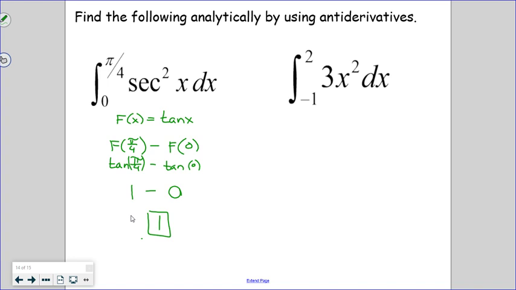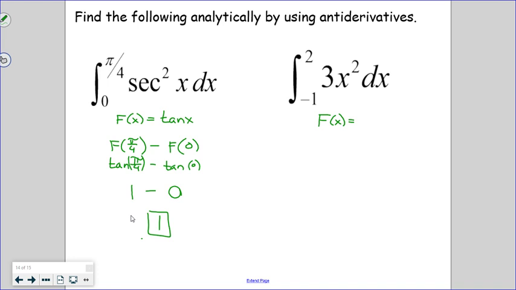Integral from -1 to 2 of 3x squared dx. Okay, power rule again, right? 3x squared.